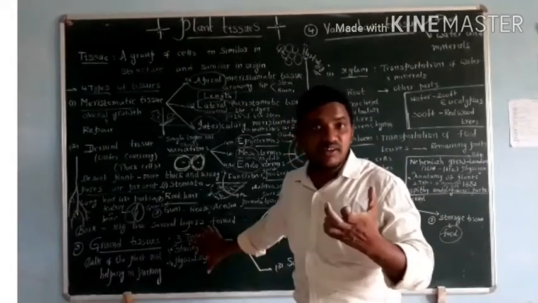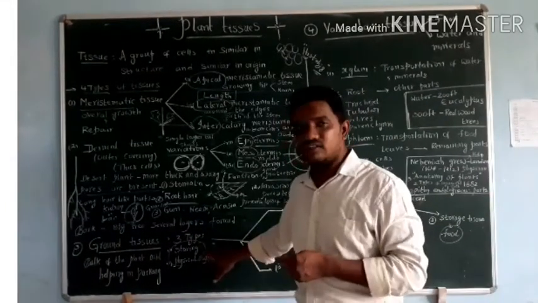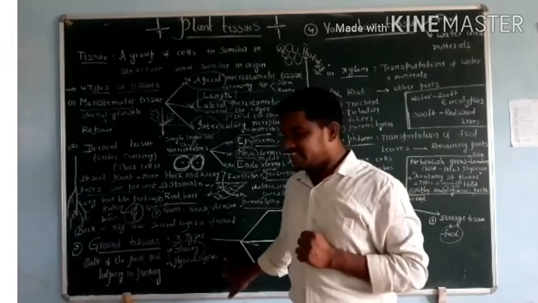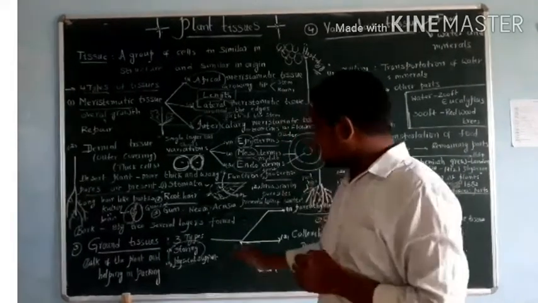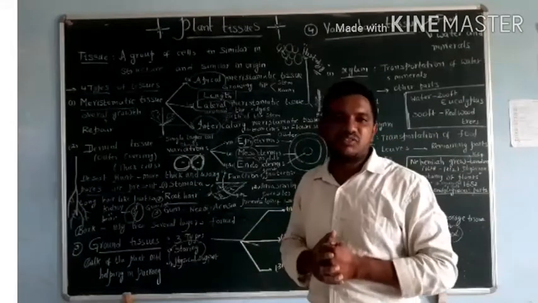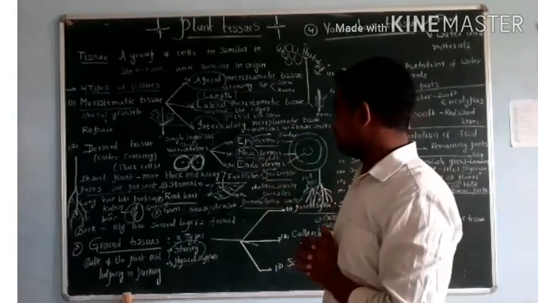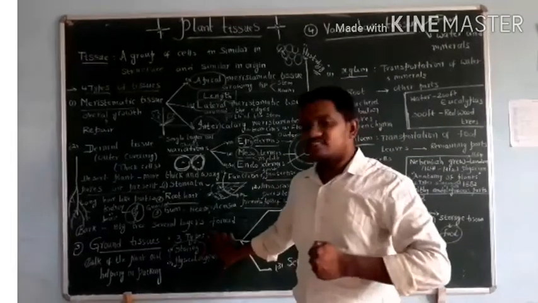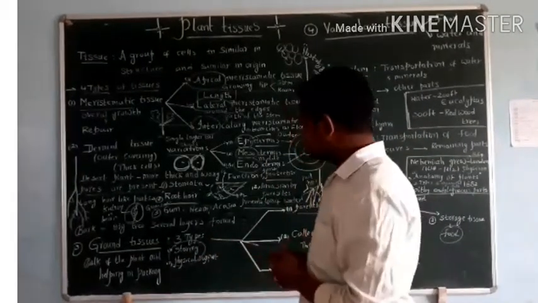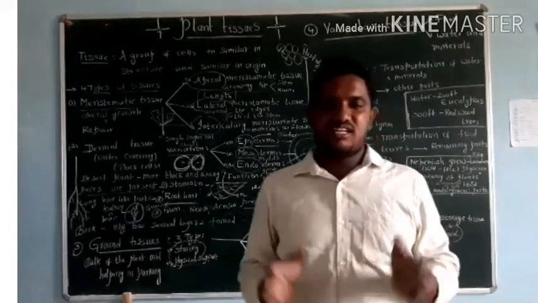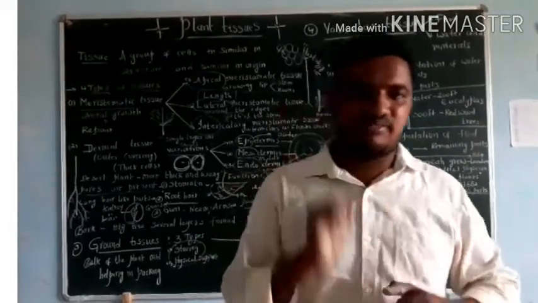What are the main functions of ground tissues? First one, storing of different types of food materials. Second one, physical support to the plant body. These two are functions of ground tissues. Again, ground tissues are categorized into three types.